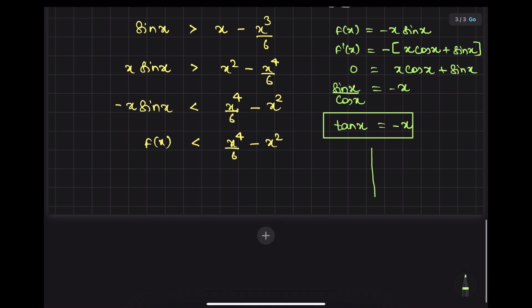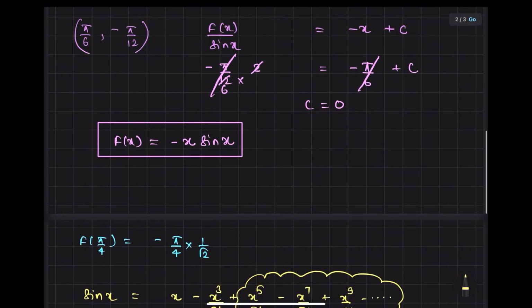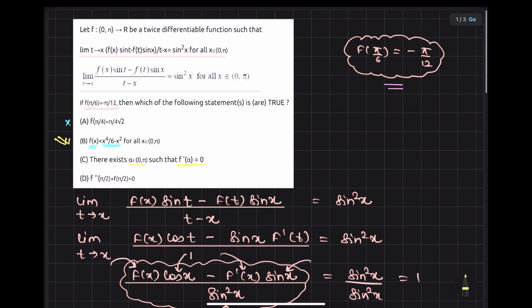Now if you try to draw the graph of the tan x function, you know that it will go this way. This is the graph till pi, correct? And if you try to draw the graph of y equal to minus x, your graph will look like this. Correct or wrong? So yes, they will be equal. There will be one point for which f dash is equal to 0. So this option C is also correct.